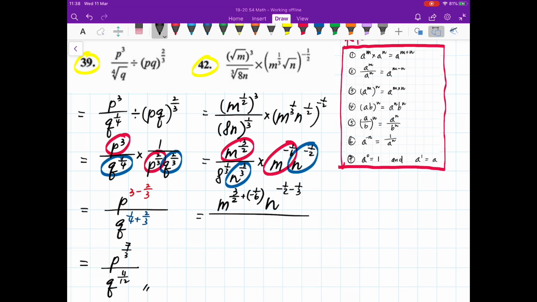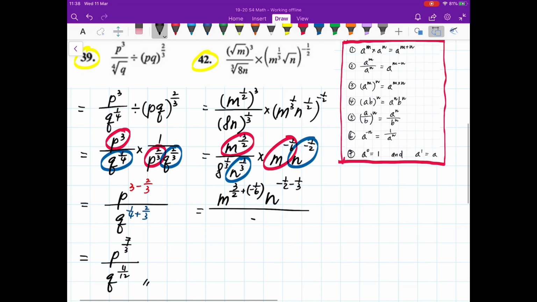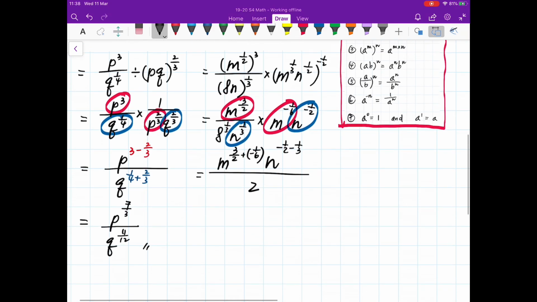As for the 8 to the power 1 over 3, we can directly input it into the calculator so that we have 2. So finally, the answer will be m to the power 4 over 3 over 2 n to the power 7 over 12.